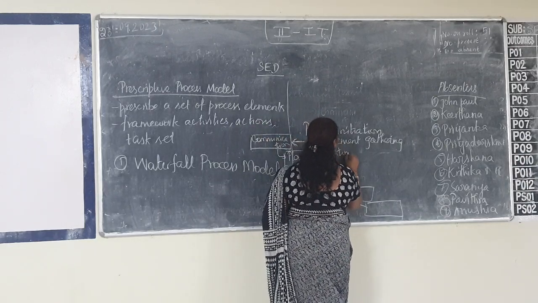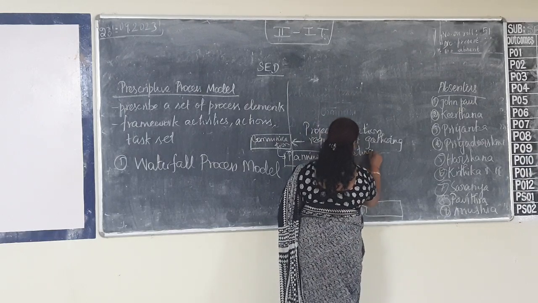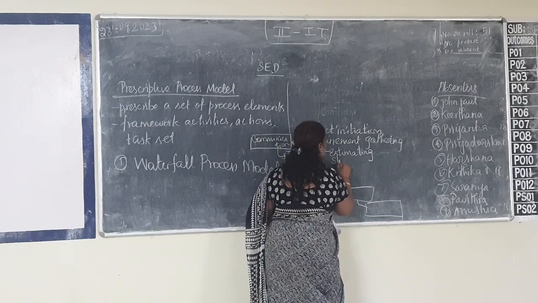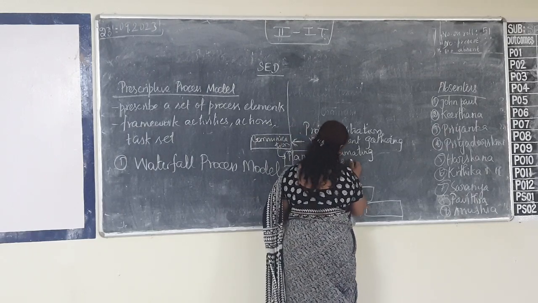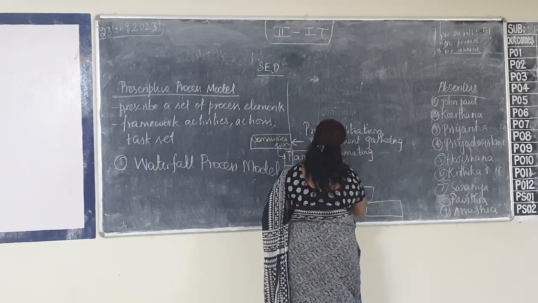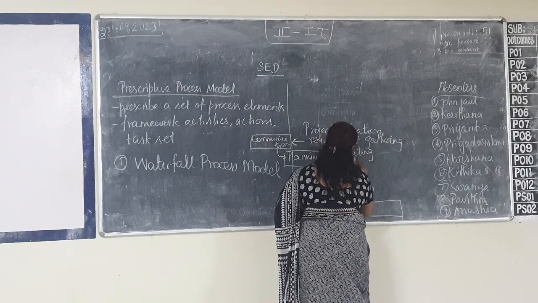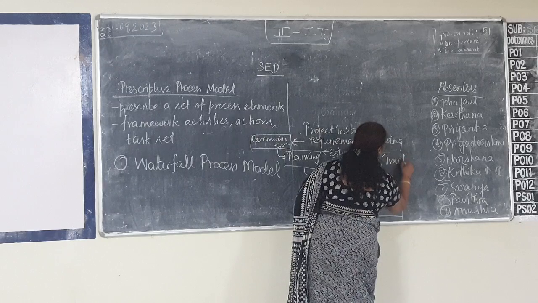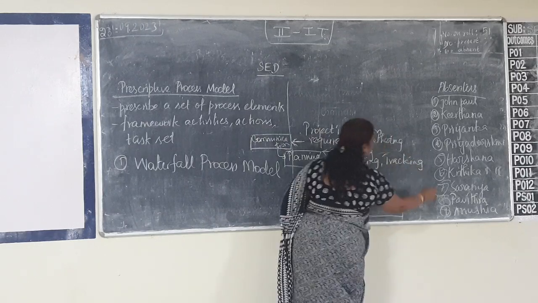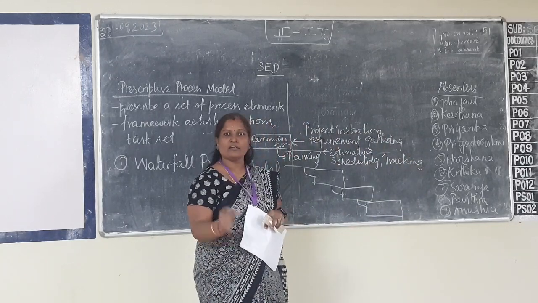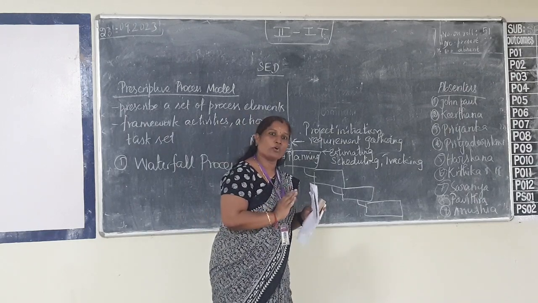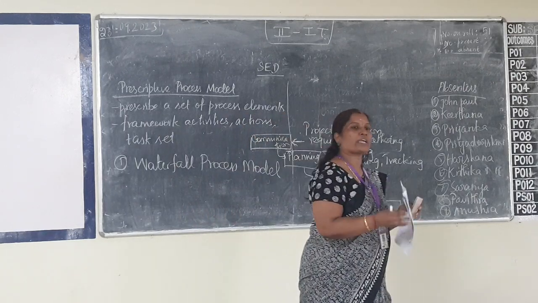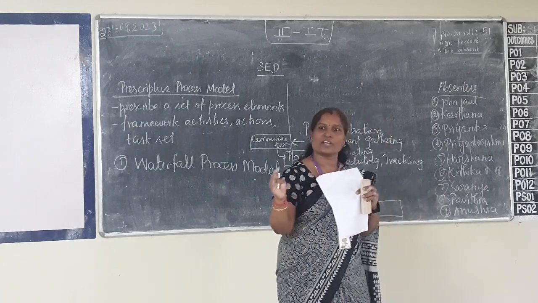Here, what are all the things we will do? Estimating, scheduling, and tracking will be planned over here. In the planning phase, we'll say, okay, this project requires 1 year of time.